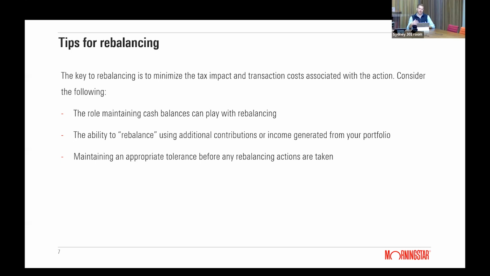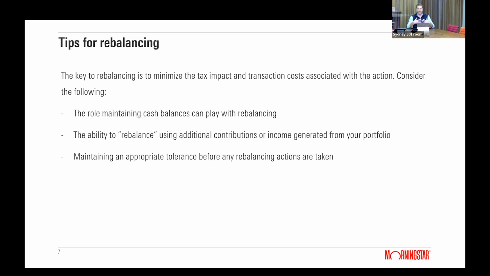So cash would be considered a defensive asset, but holding a cash balance can also offset individual shares or potentially ETFs, if they're a little more narrowly focused, that have become a disproportionate part of your portfolio. So don't discount what cash can do in your portfolio.